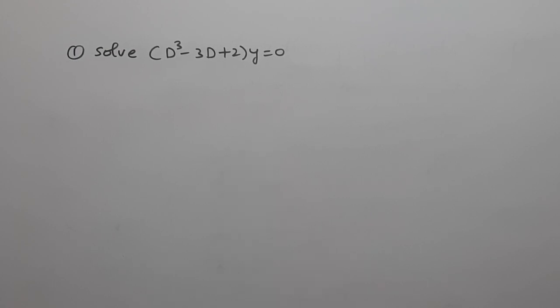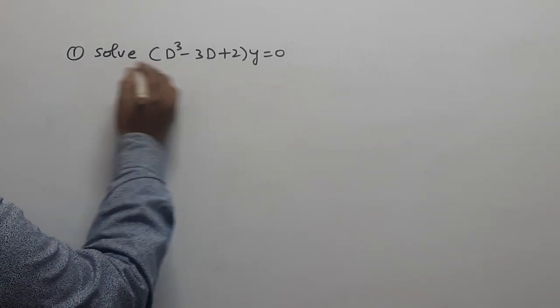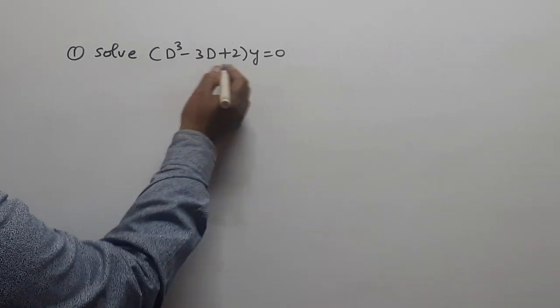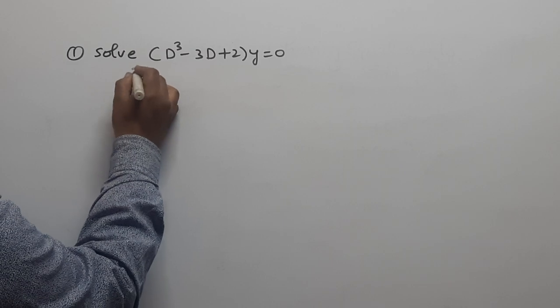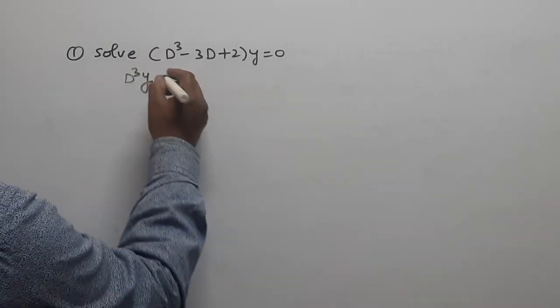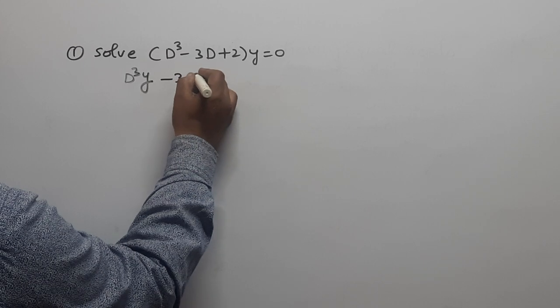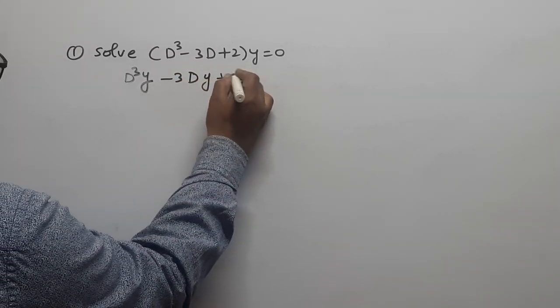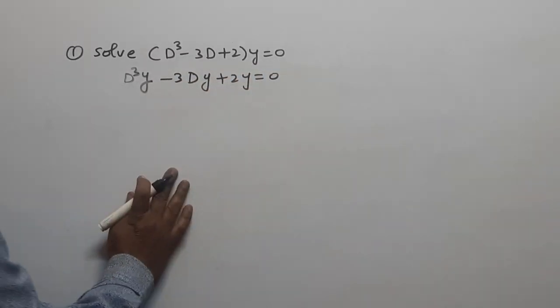Now we take one example of a linear differential equation with constant coefficients in which roots are equal. So first you can see this differential equation can also be written as D cube y minus 3Dy plus 2y is equal to 0.